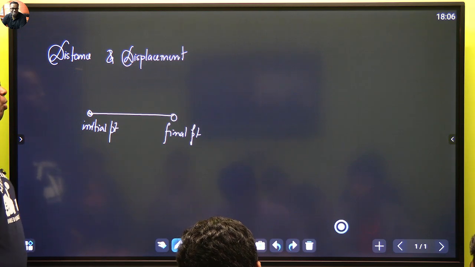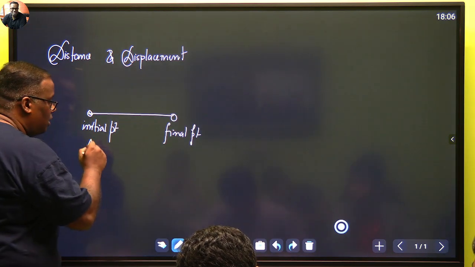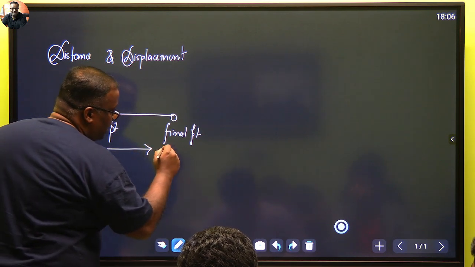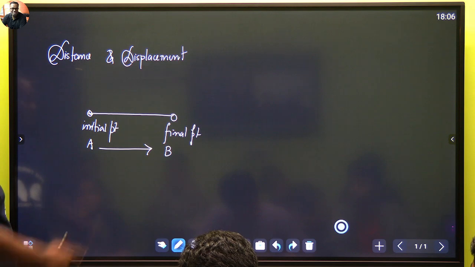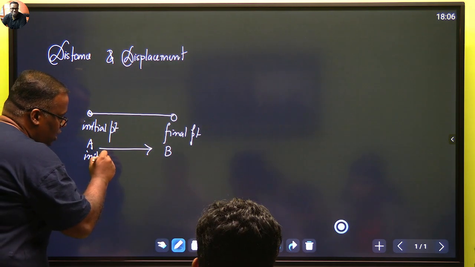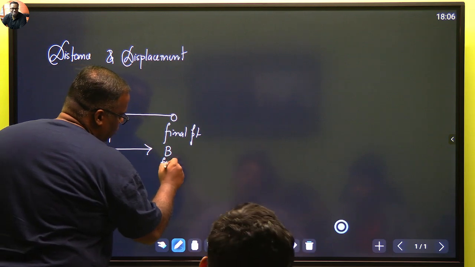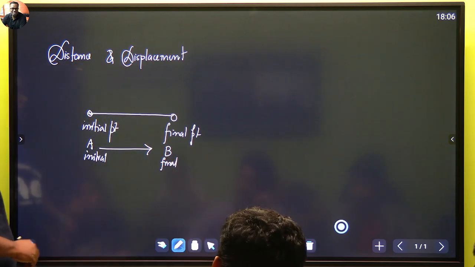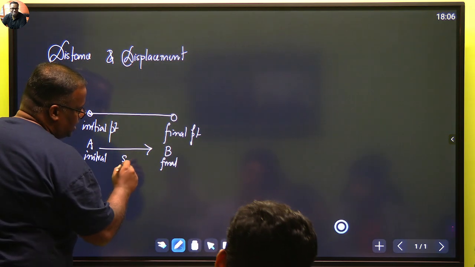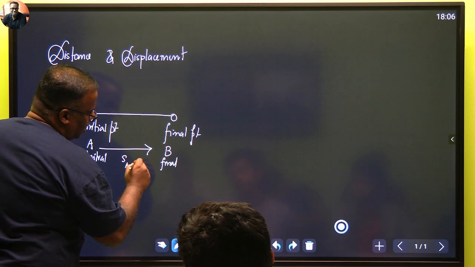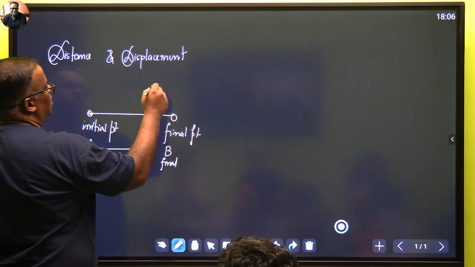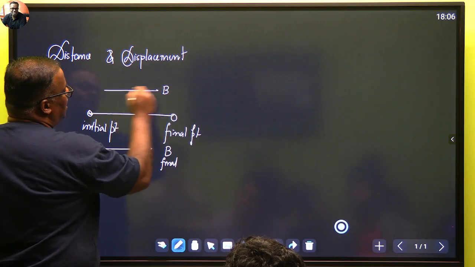It's not just like that. You should say what is the displacement from, now we'll get a little bit more serious. What is the displacement from A to B? That time A becomes my initial, B becomes my final. So my displacement from A to B will be given by, say, S in the direction from A to B. What is the displacement from B to A?